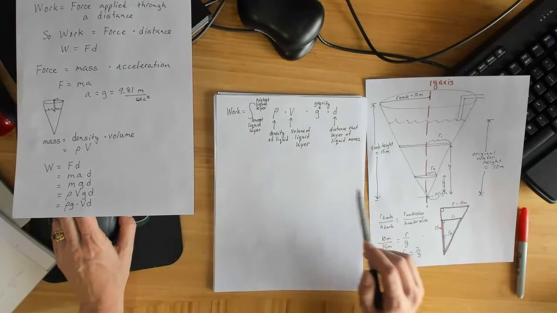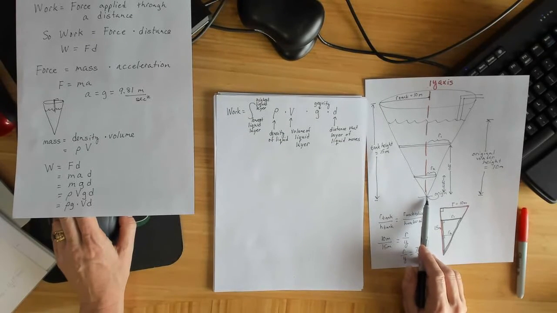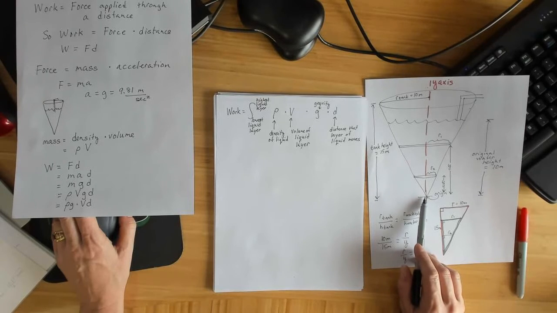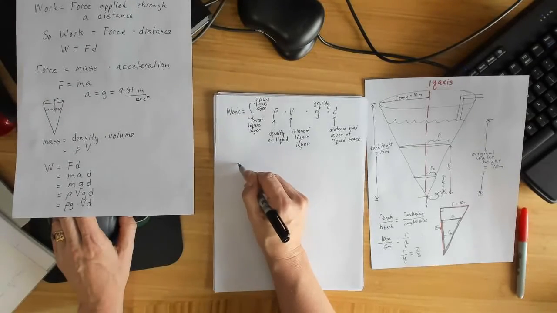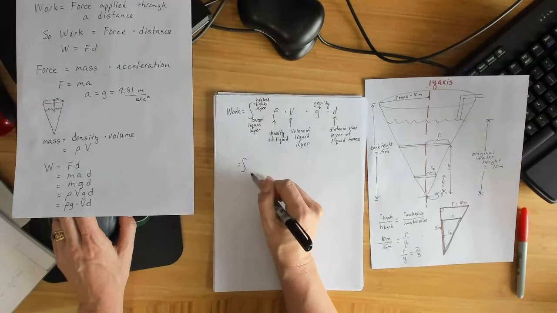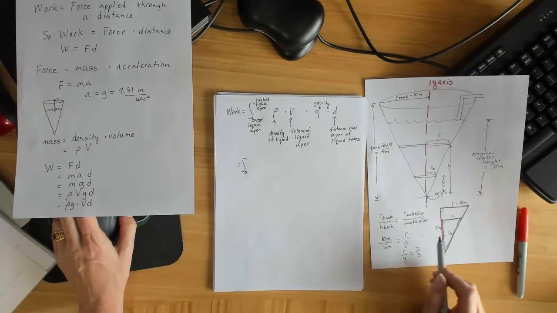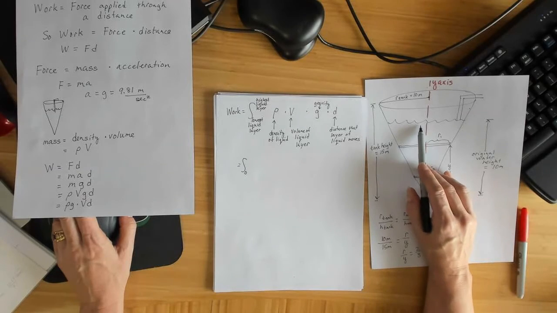In our situation, our lowest water level is going to be at y equals 0 because I set the origin at the bottom of the tank, and there is water at the bottom of the tank. So mine is going to start at y equals 0, and my highest layer of water I have to move is up where the water reaches.